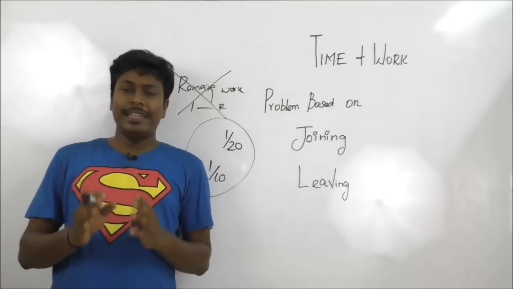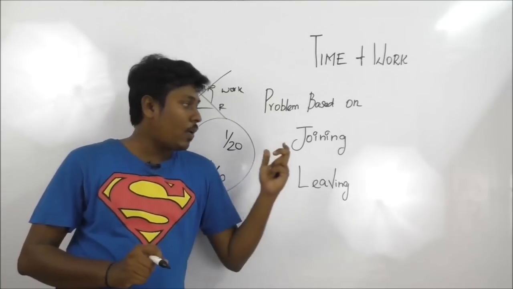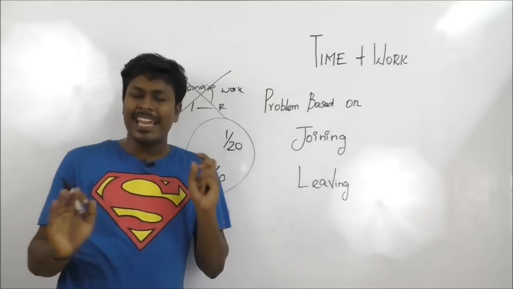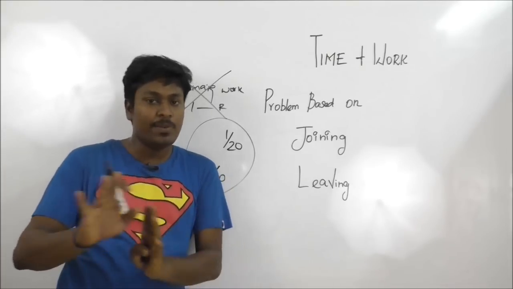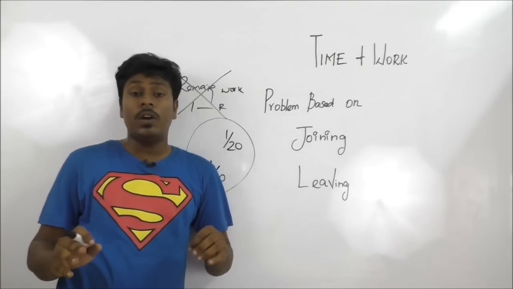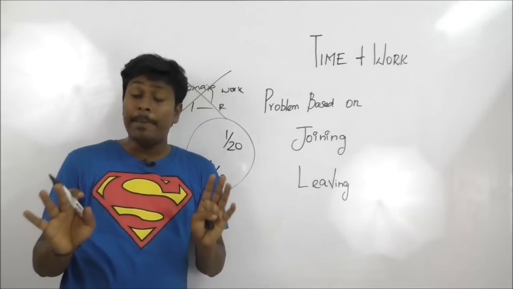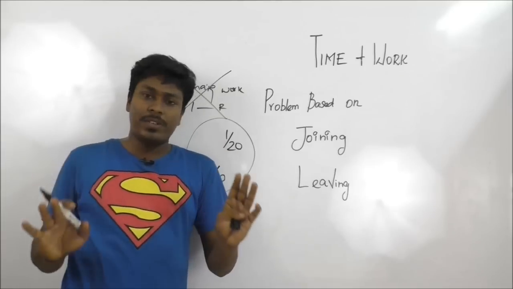Friends, if we take the recent 5 or 6 important bank exams, they are concentrating on these two things, right? The question is like A and B: A can complete a piece of work in some days and B can complete a piece of work in some days, and we don't know how many days A worked and when B leaves. But remember, friends, the job is completed, right?